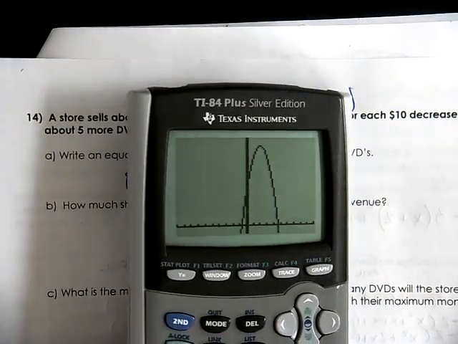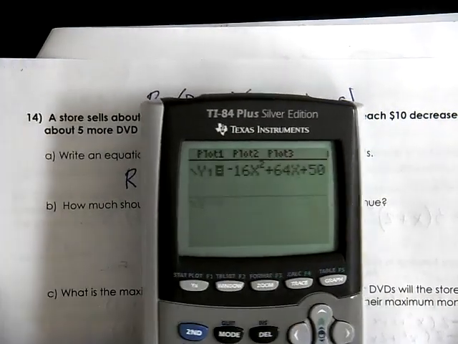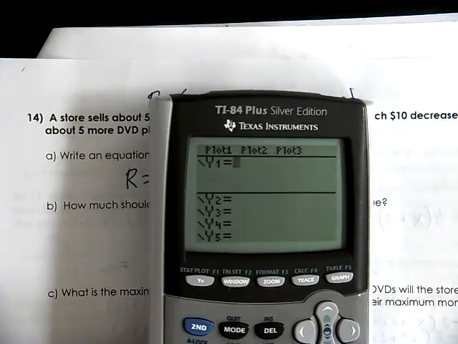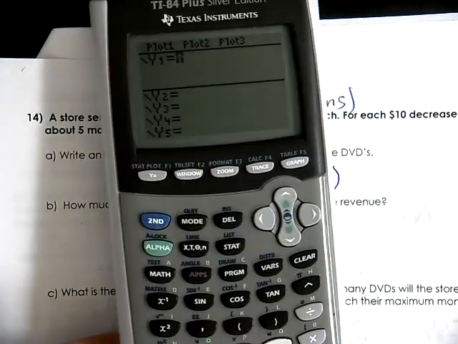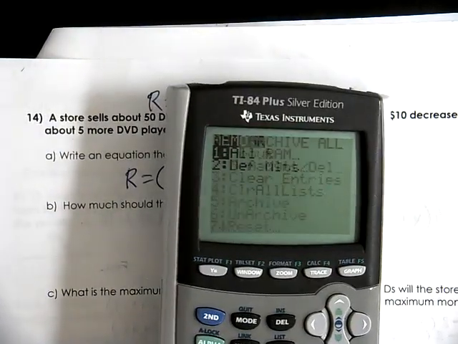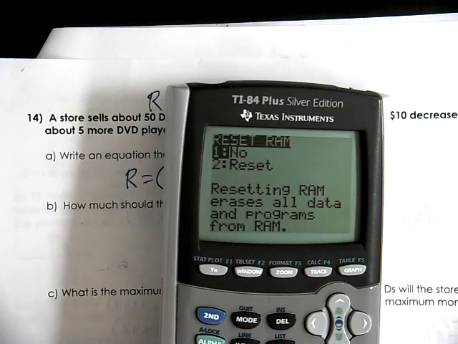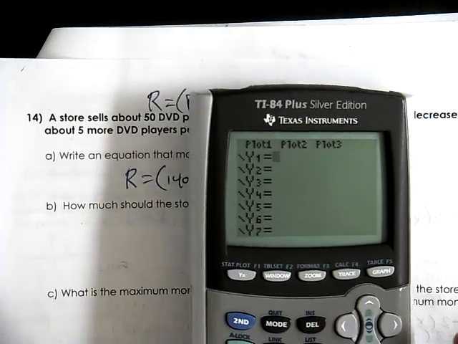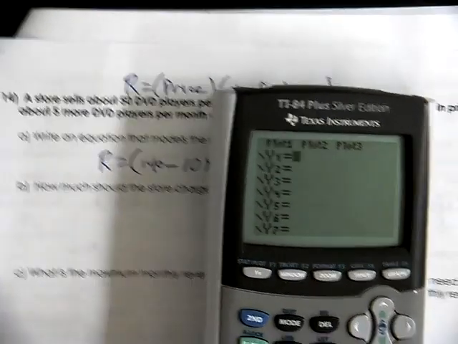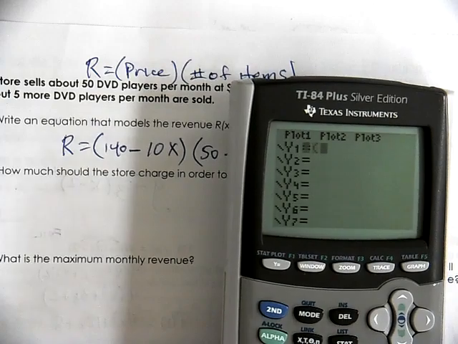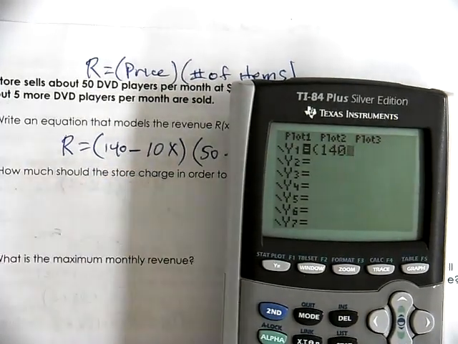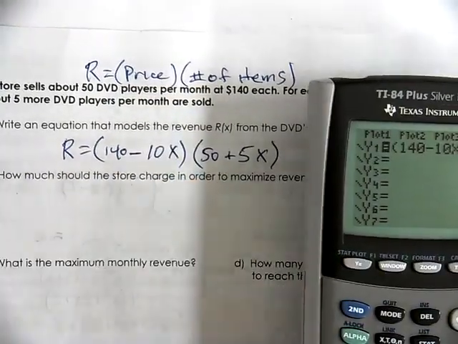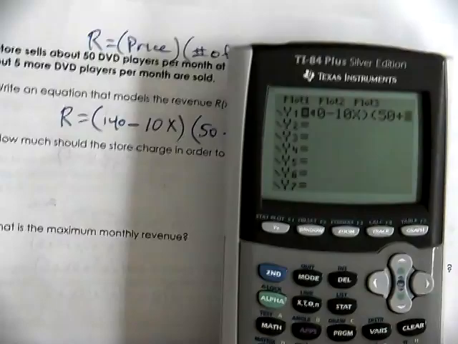So we'll clear our calculator. We'll go y equals, we can clear that equation out of there. I would suggest to do second, then plus, then 7, 1, 2. So now we have cleaned the calculator. We know what to expect. We're all at the same spot. So I'm going to do parenthesis 140 minus 10x, parenthesis 50 plus 5x.